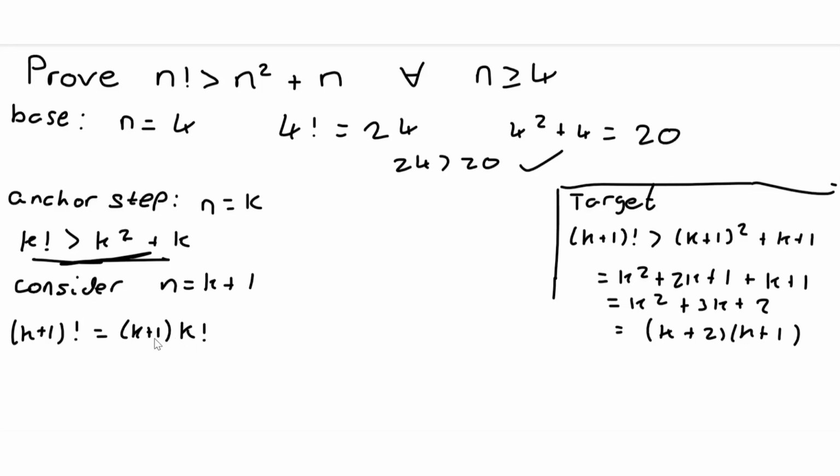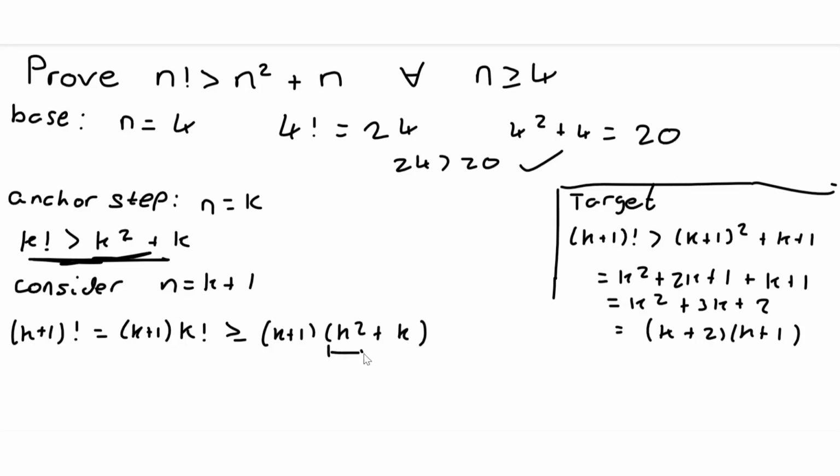And then because k plus 1 is greater than 0, well, we know for a fact it's greater than 4 as well, this is greater than k plus 1 multiplied by k squared plus k. That's because we're taking this assumption here: k factorial is greater than k squared plus k, so we can substitute that in here.